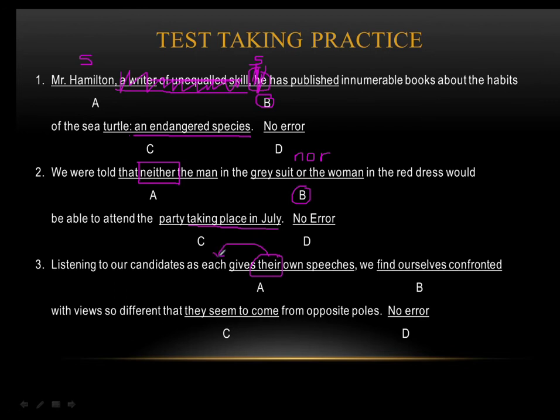Each one of these people is giving a speech. But each is singular. Remember, you memorized that. Each, either, neither, one. And since it is singular, you are obligated to have a singular pronoun. So it cannot be their, it would have to be his. And so A is our answer here.